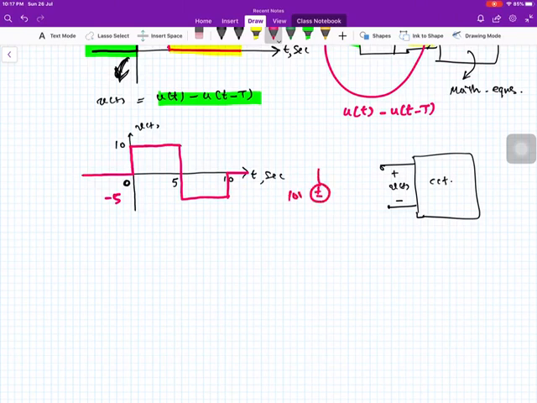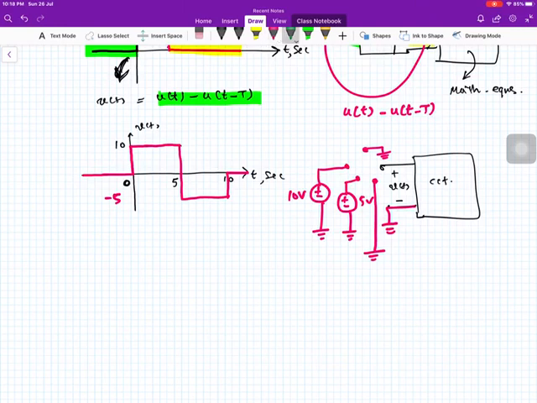Say this is a 10 volt source, and this is a 5 volt source, and we have a terminal over here connected to ground, and this is also connected to ground, and I will try to show you a switch.